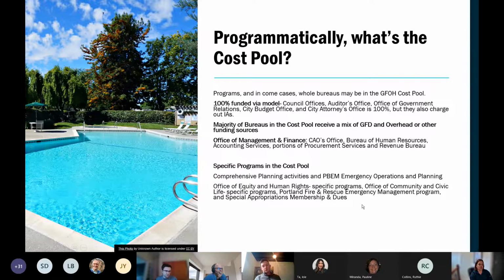Also the Office of Equity and Human Rights, Office of Community and Civic Life, Portland Fire and Rescue, and Special Appropriation Membership and Dues. These are also spelled out in the policy online, but this is basically how the cost pool has an eclectic mix of what has met the criteria and is then allocated this way.